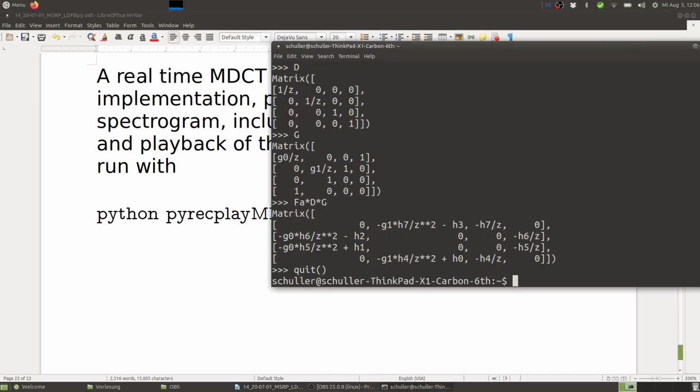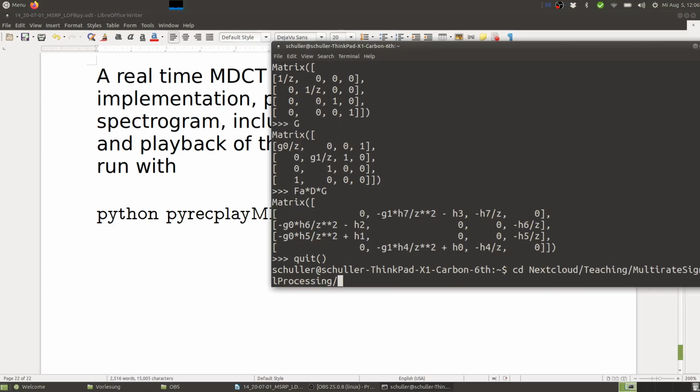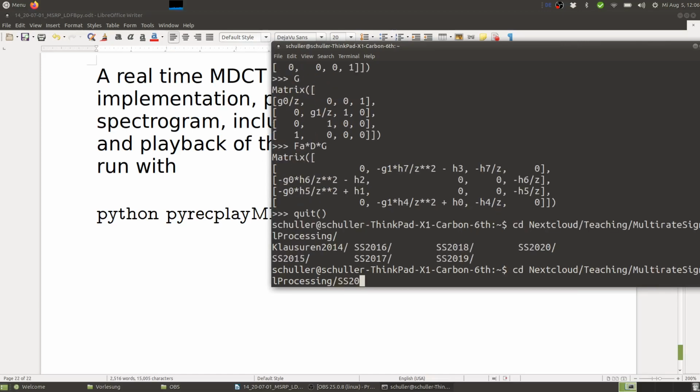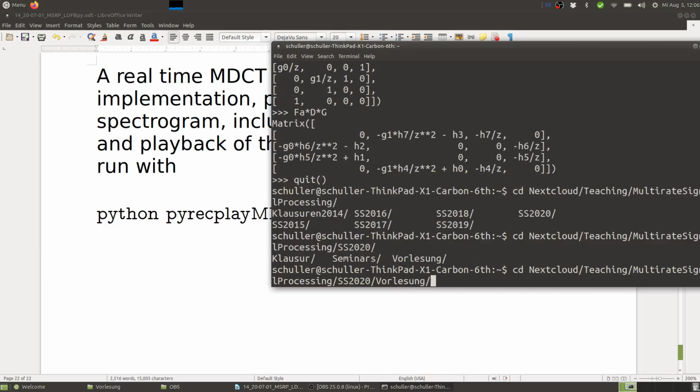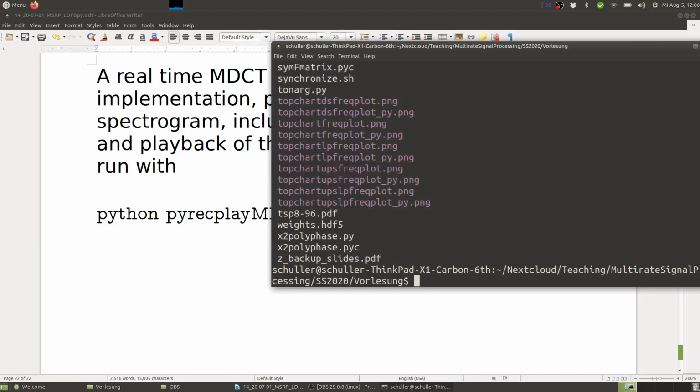First I need to go to the corresponding directory here, Multirate, Summer 2020. Okay, long path. So now let me first open it, direct play MDCT.